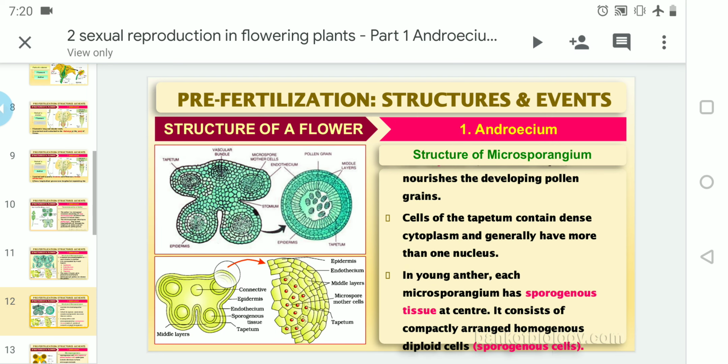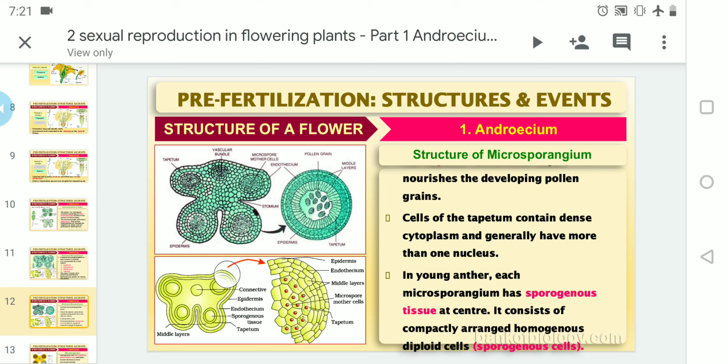If you see the complete structure of a particular pollen sac, the structure of the microsporangium we have discussed, the tapetum nourishes the developing pollen grains. The cells of the tapetum contain dense cytoplasm and generally have more than 1 nucleus, so the nuclei are many.